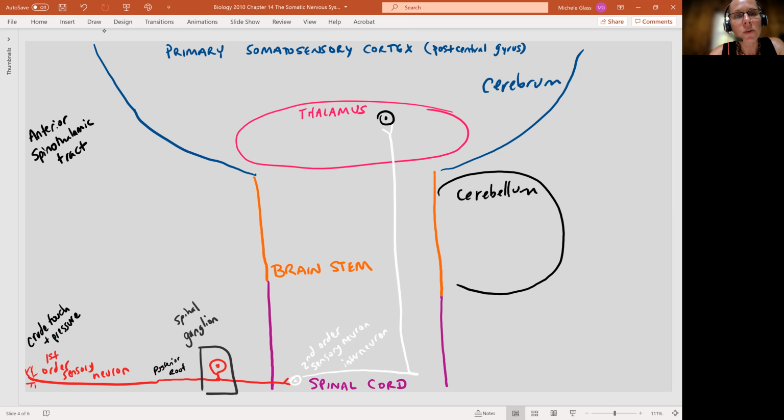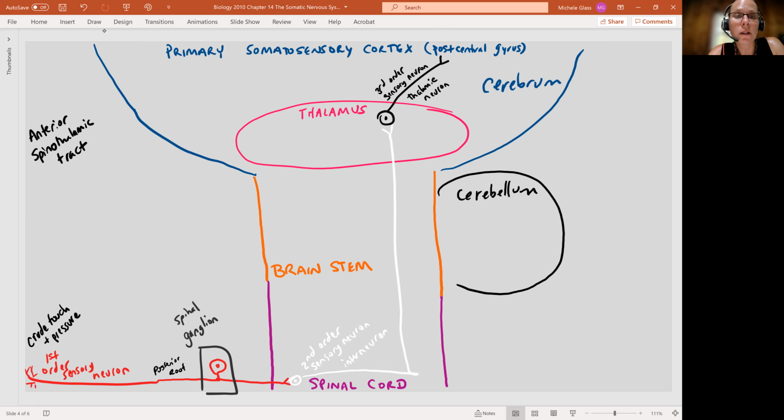And so our third order sensory neuron is going to then take that information from the thalamus and direct it to the proper part of the primary somatosensory cortex. The third order is always located in the thalamus, so we can also call it the thalamic neuron.